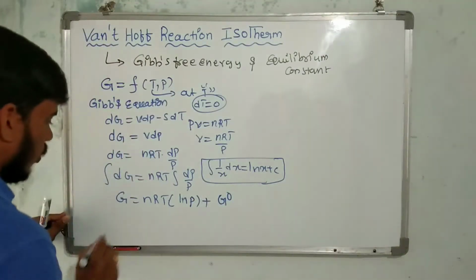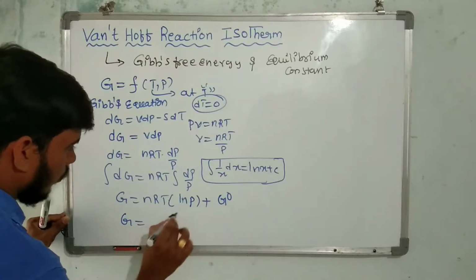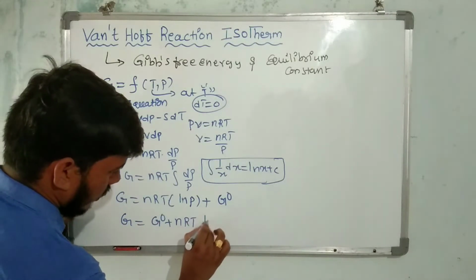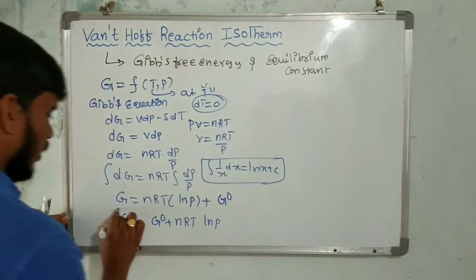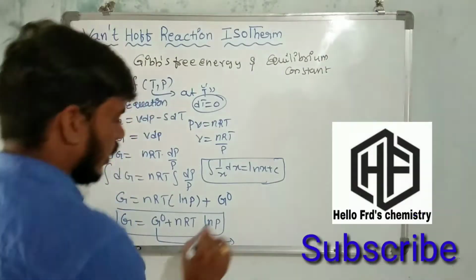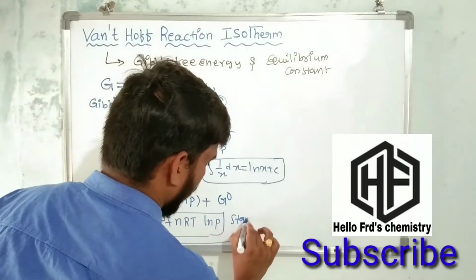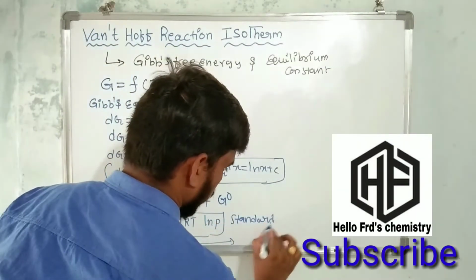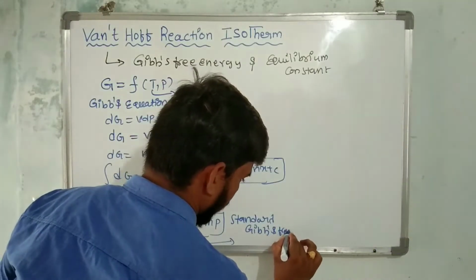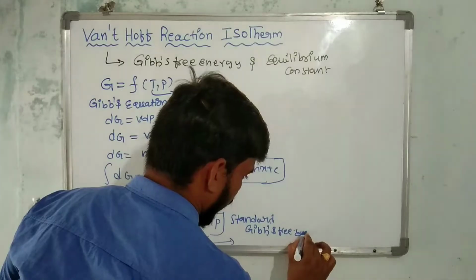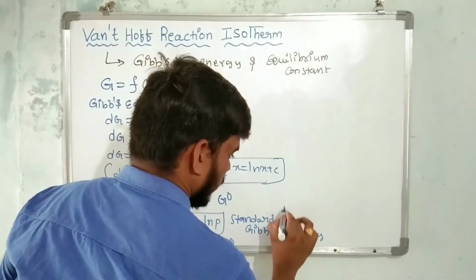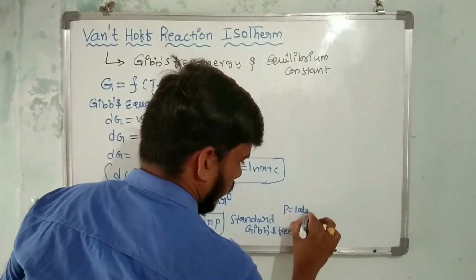The integration constant is G naught. So G is equal to G naught plus nRT ln P. This G naught is called the standard Gibbs free energy, where pressure is equal to 1 atm.